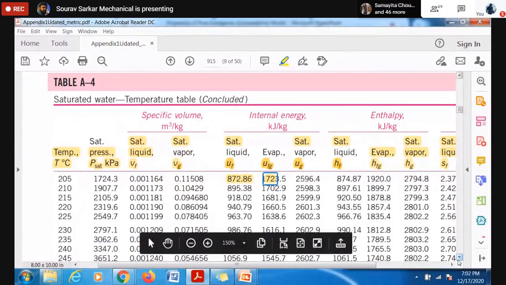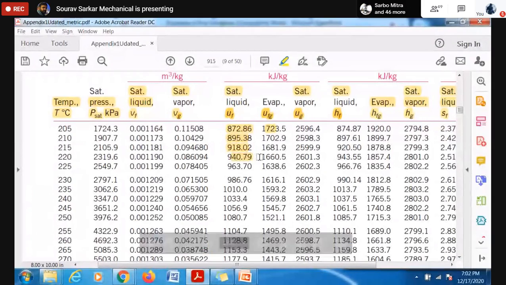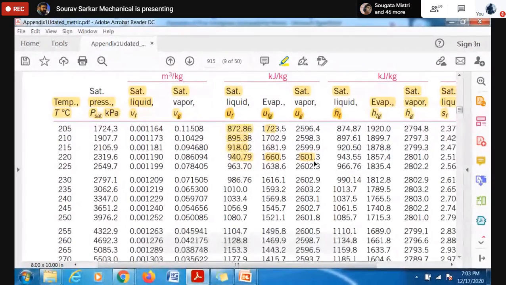Now, as you are increasing your pressure and temperature, the internal energy of the liquid state is gradually increasing. Finally, you need less energy to convert into vapor. You can see that UFG, the difference between the states, is also continuously decreasing. That is why the final value of UG is also decreasing. So this is one observation.